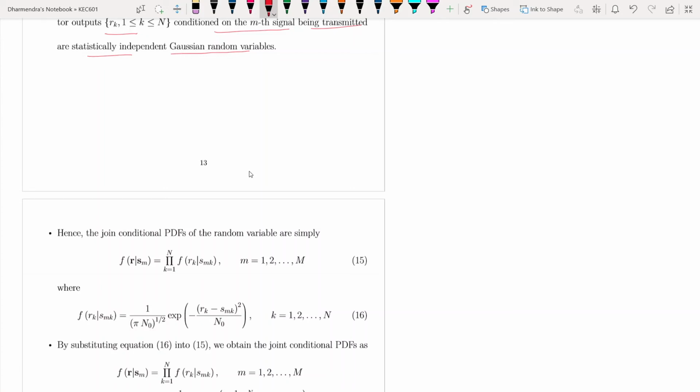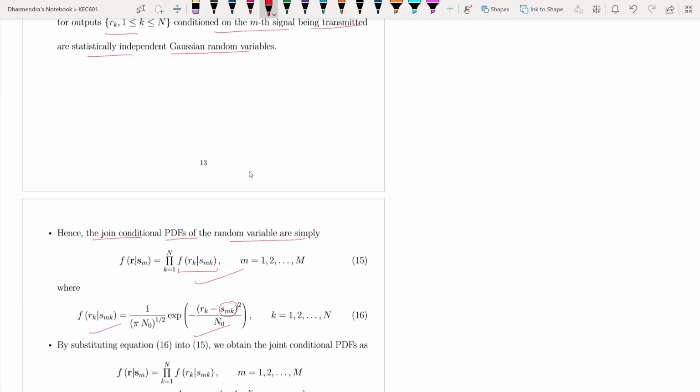Hence the joint conditional PDF of the random vector R can simply be written as the product of the conditional PDFs of the conditional random variables rk given smk. This PDF can be written like this, because the mean is this and the variance sigma squared is equal to N naught by 2. So this is the Gaussian PDF expression.